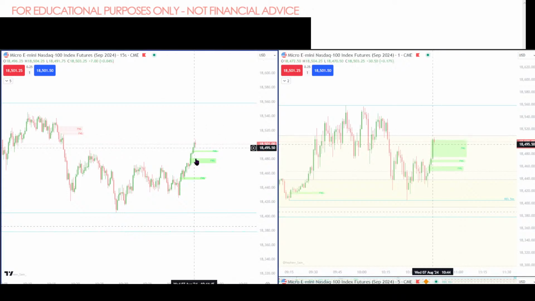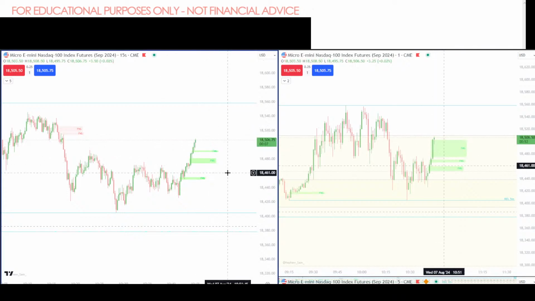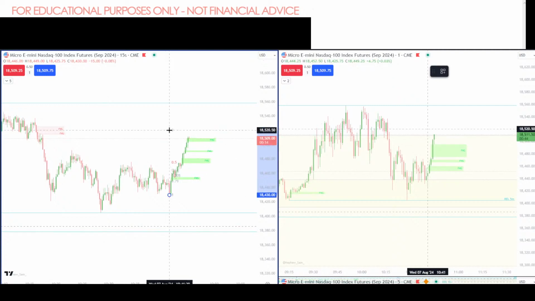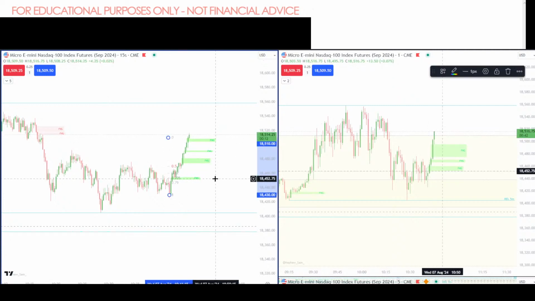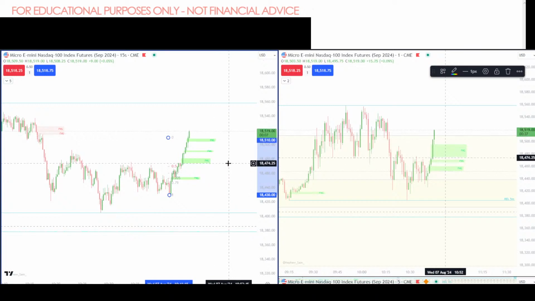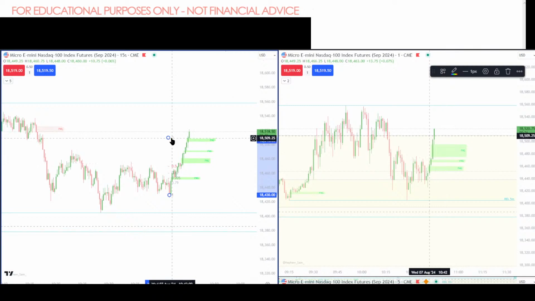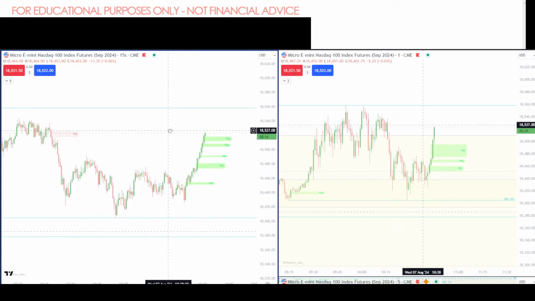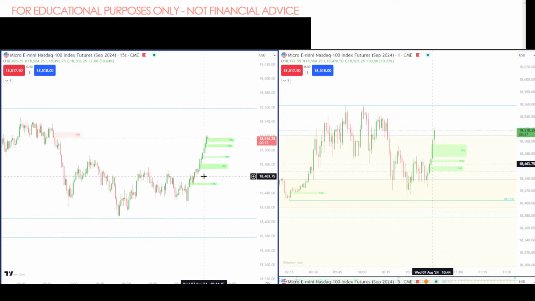Let's see if we have a retracement down here, then I would go long. We might run the whole way without me, and that's what I need to learn, is to let it go.